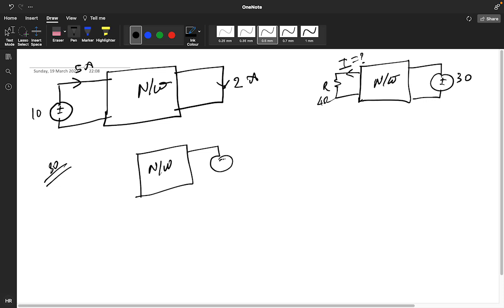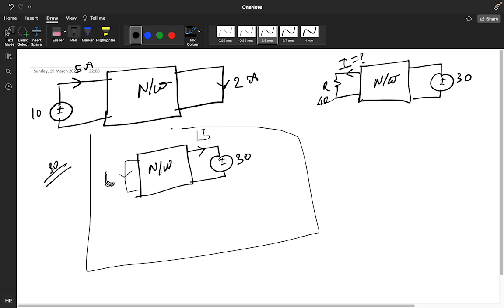So it will be positive negative 30 this side, current will be 15 ampere, this will be your 15 ampere, and this you are getting as 6 ampere. So is this part clear to everyone, how we are getting these things? We are multiplying by 3 everywhere, we just change the position by reciprocity. So I hope this part is clear to everyone.